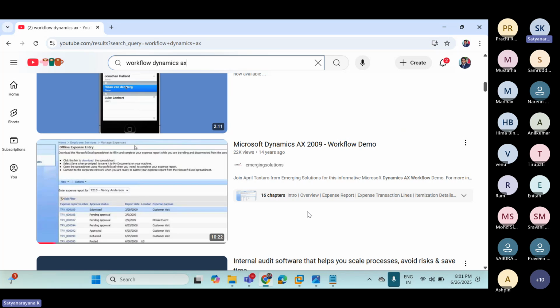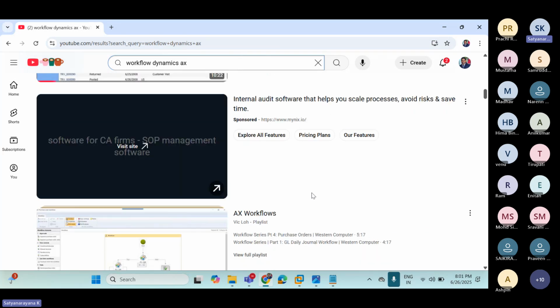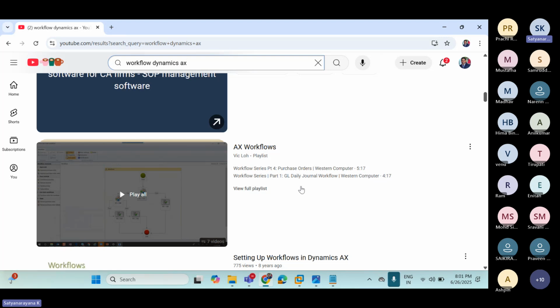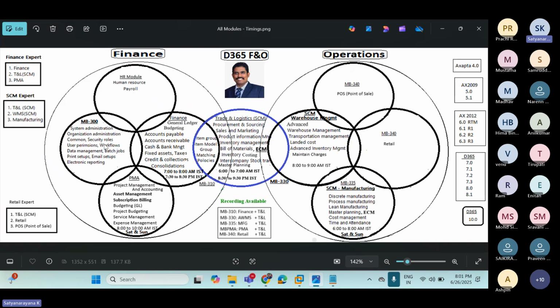There is so much help available, and the sample videos give excellent explanations. Workflows in AX 2012 and D365 are almost the same, 99%. Okay, yes, please, proceed.